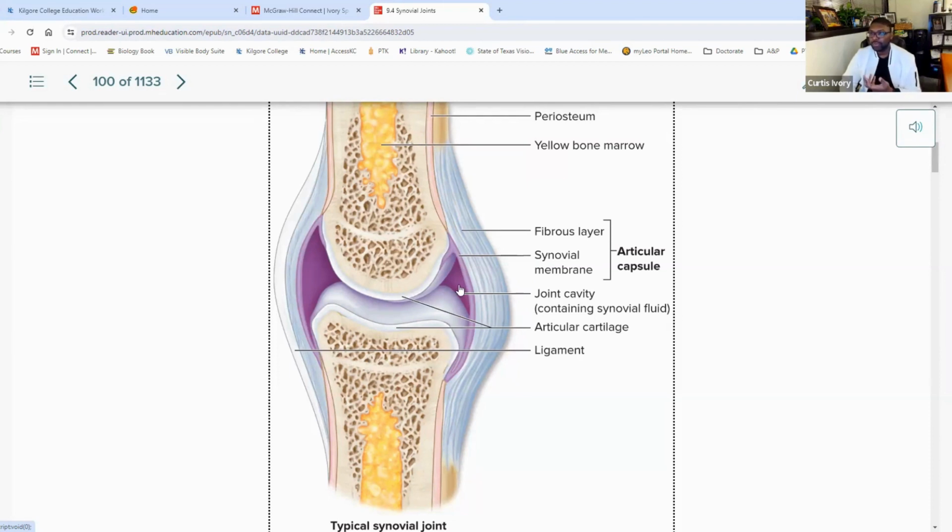It gets its nourishment from blood vessels that carry glucose, your ions, your salts, your oxygen. It has to get that from the fluid. They don't have a direct blood supply to the cartilages, but the synovial membrane does. So the membrane here has blood supply, which is how it gets its nutrients, but the cartilage itself does not have a blood supply.